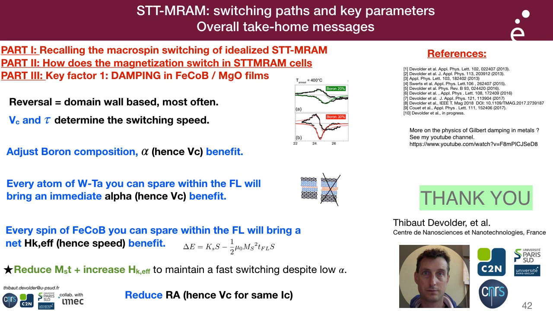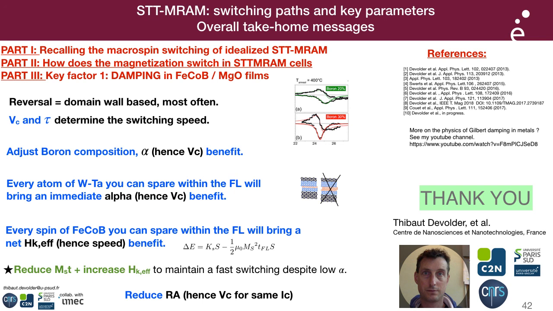And the natural time constant of the macrospin approximation, tau, is also a very relevant parameter because it also affects the speed of reversal when it's a domain wall-based process.